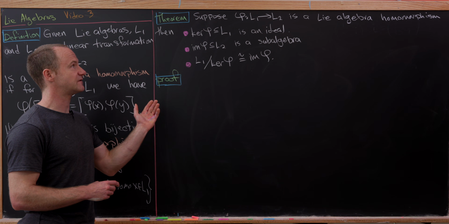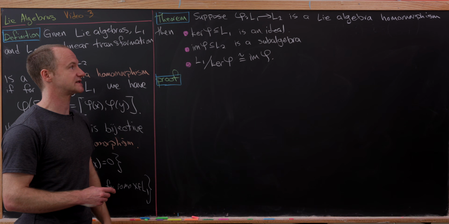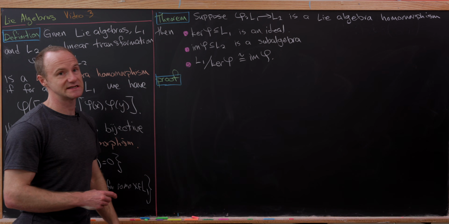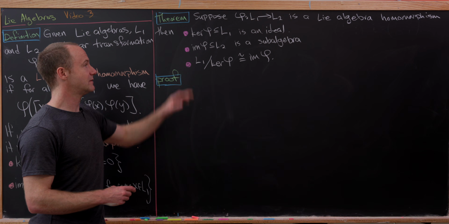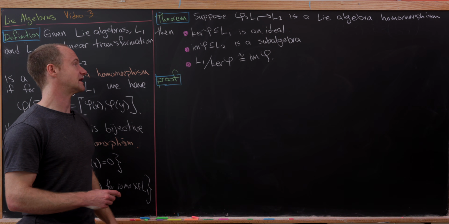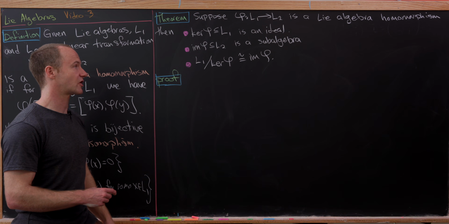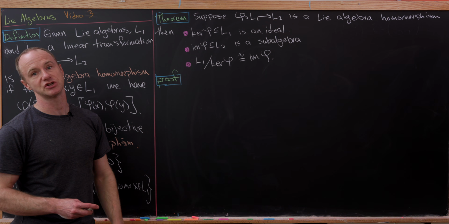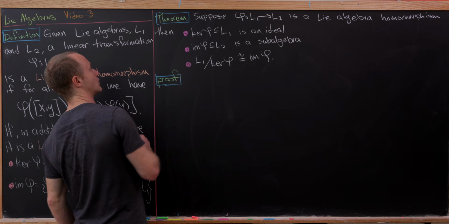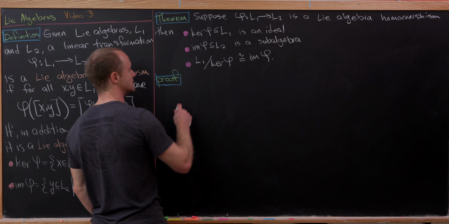Let's suppose that phi goes from L1 to L2 and it's a Lie algebra homomorphism. Then the kernel is an ideal of the domain. The image is a subalgebra of the codomain. And finally, L1 mod the kernel is isomorphic to the image. Let's prove these, starting with the kernel being an ideal.